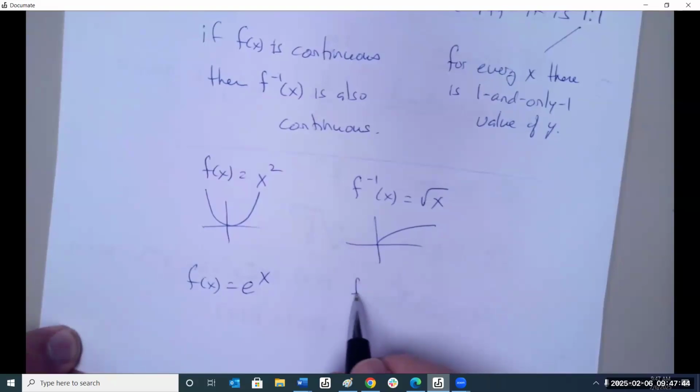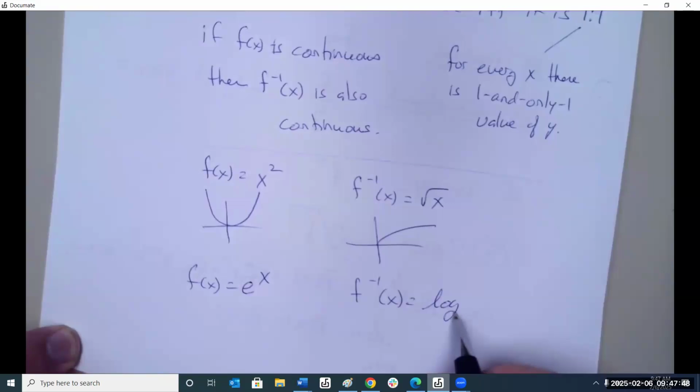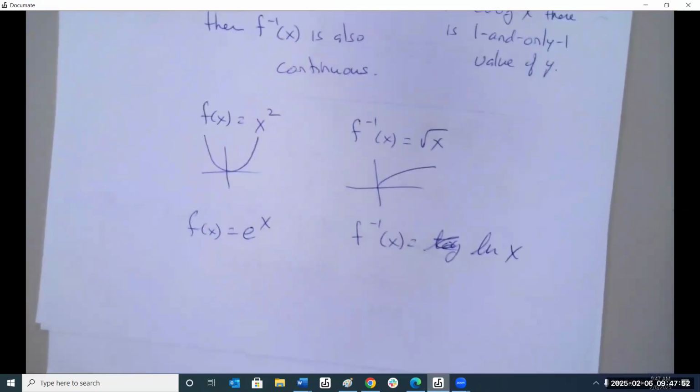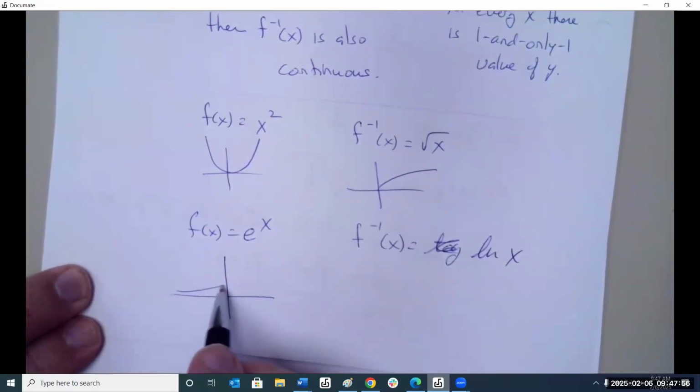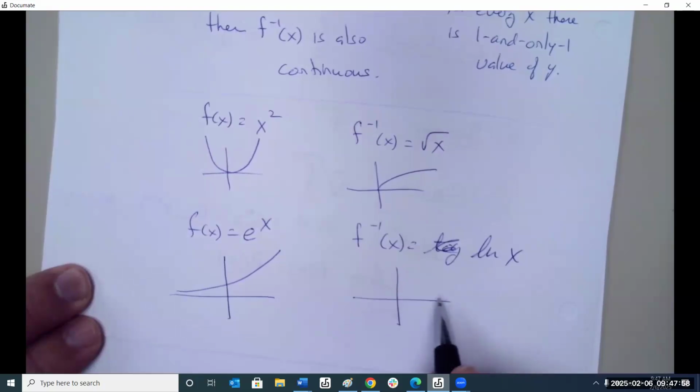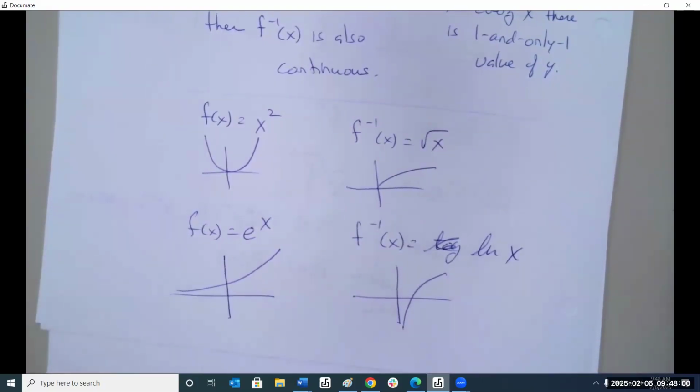Exponential functions: the inverse of an exponential function is the natural log. If this function is continuous, then its inverse has to be continuous.